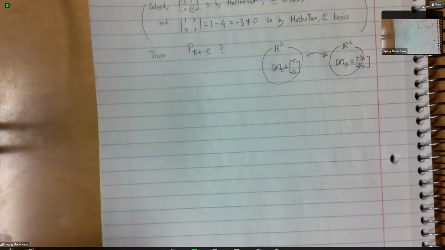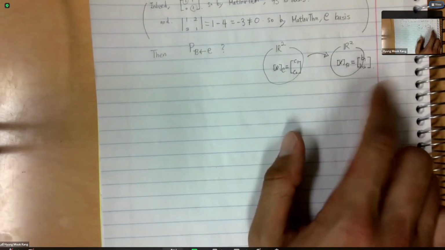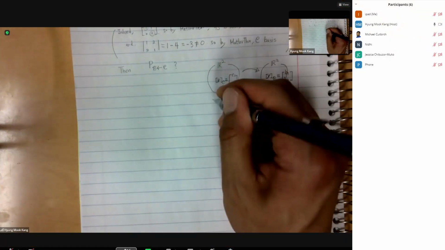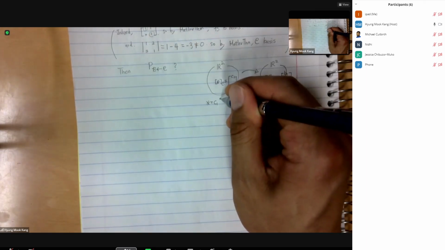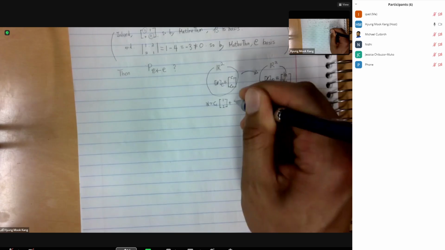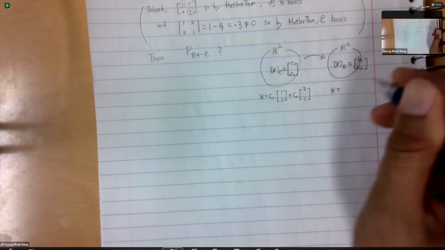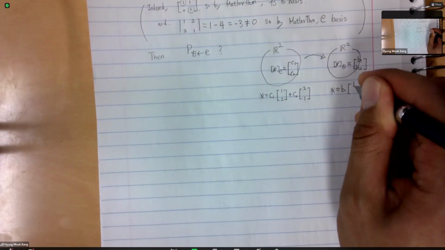So we took the coordinate vector relative to C and B as C1, C2, and B1, B2, so we know what X is. X is C1 times, let's go with the first vector, 1, 2, plus C2 times 2, 1. And here, the same X can also be represented as B1 times 1, 0, plus B2 times 1, 1.